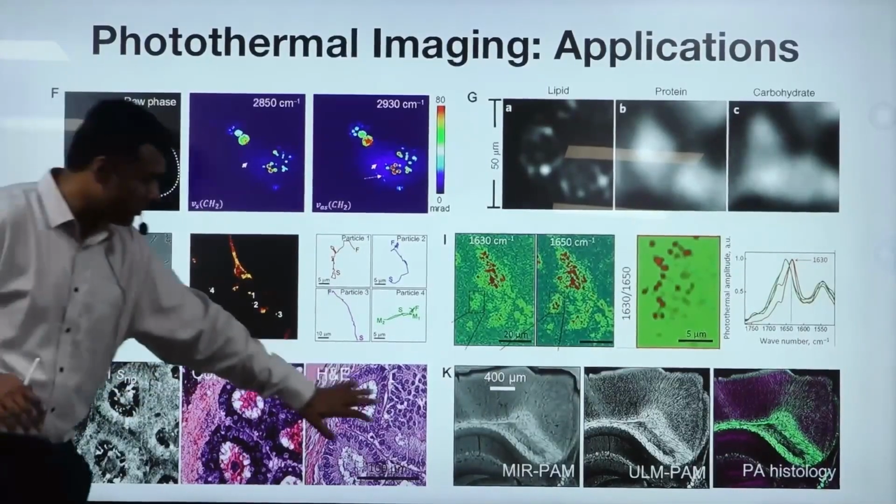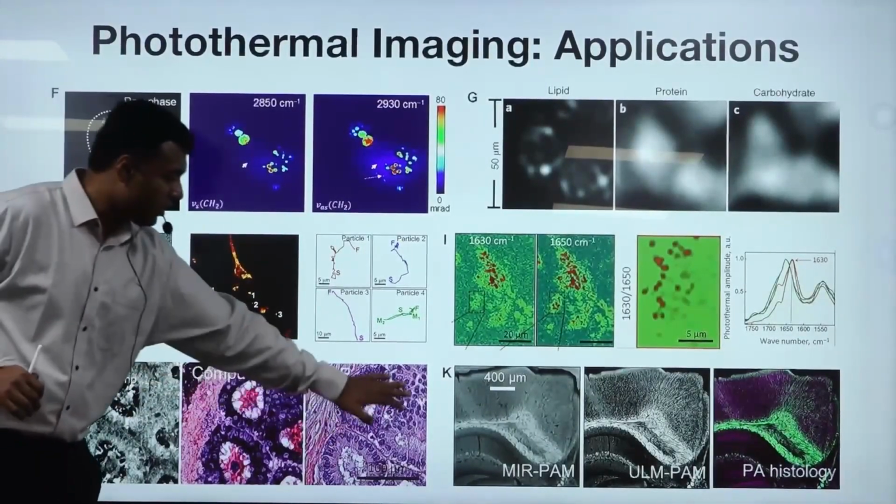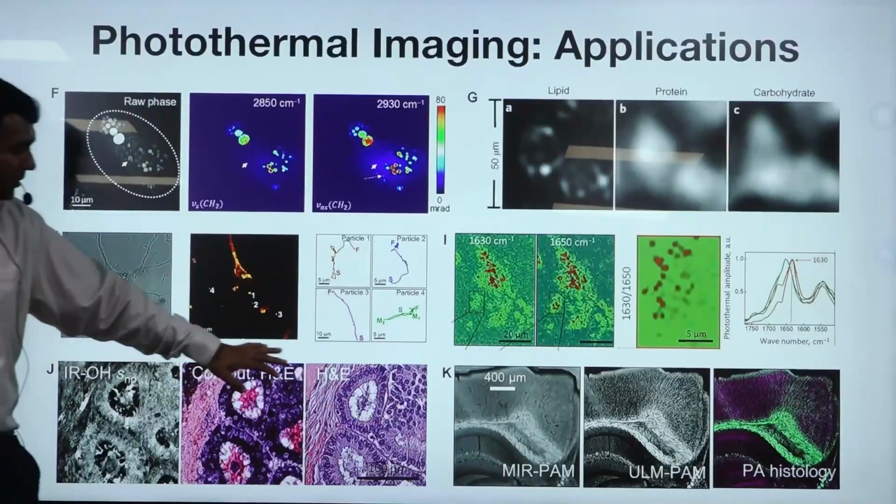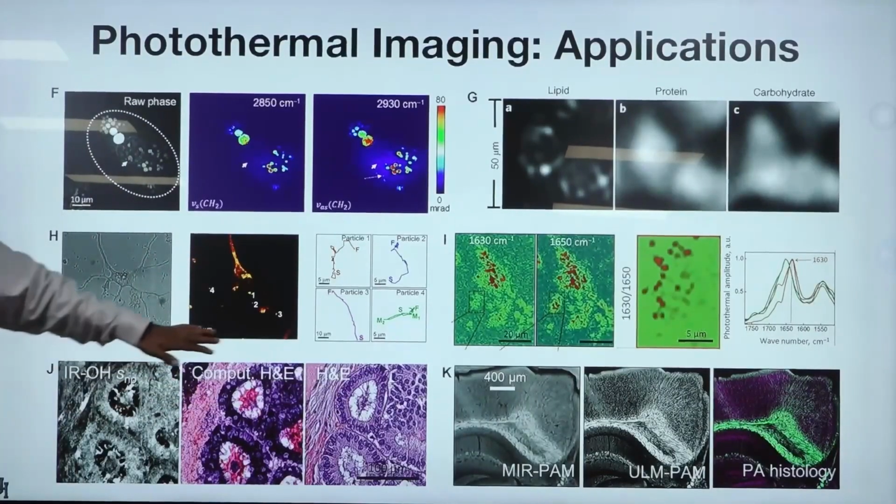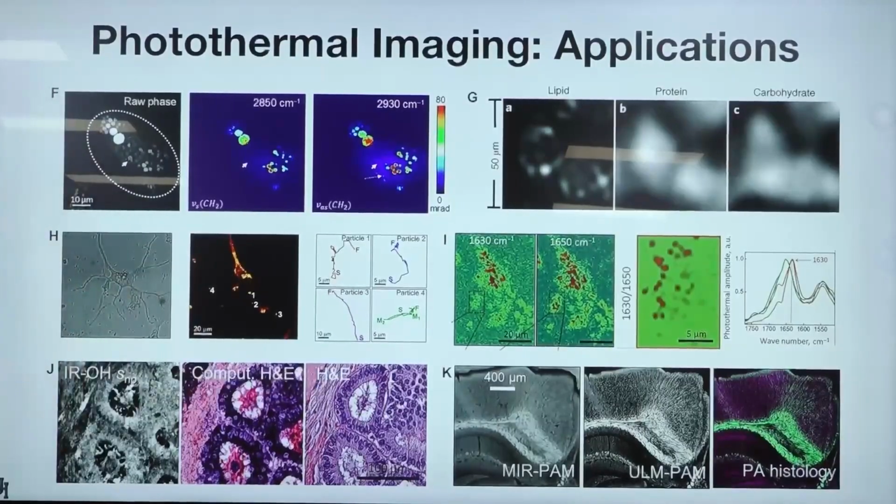These are called hematoxylin and eosin. These are common chemicals that you put. It gives you purple and pink kind of images. The doctor looks at this kind of image and decides: is this cancer, not cancer, what grade of cancer, and so on. So that's typically how a diagnosis is done.